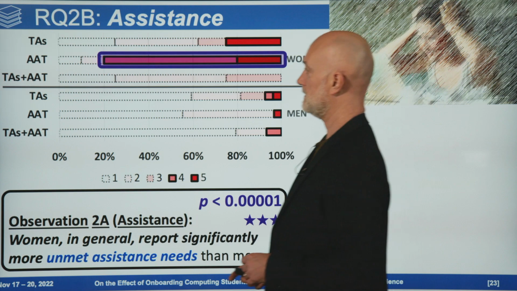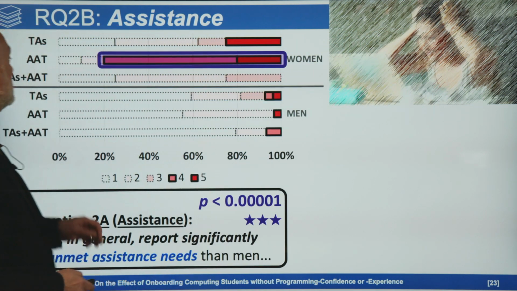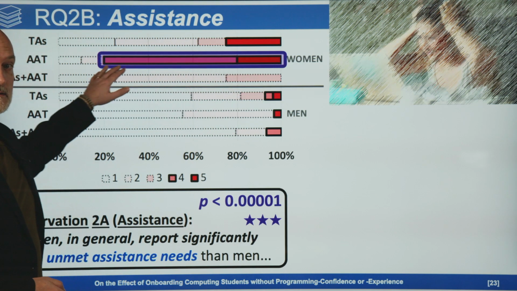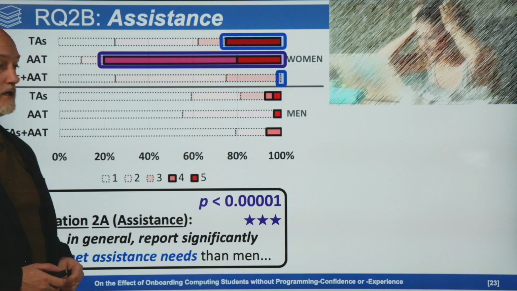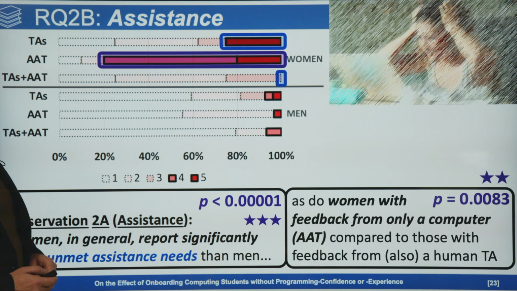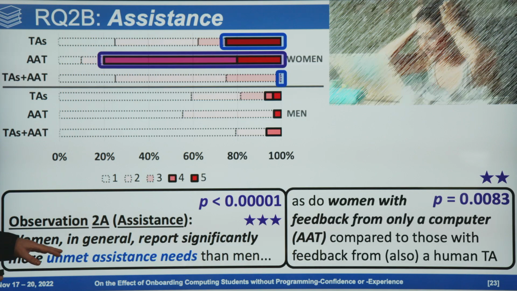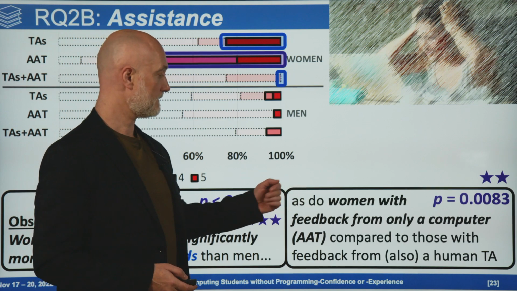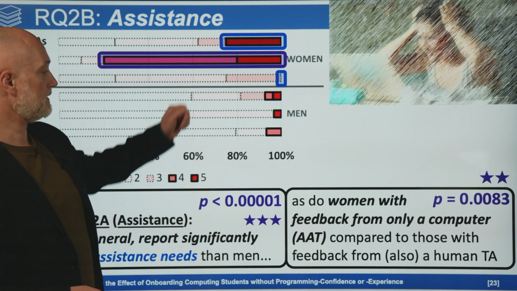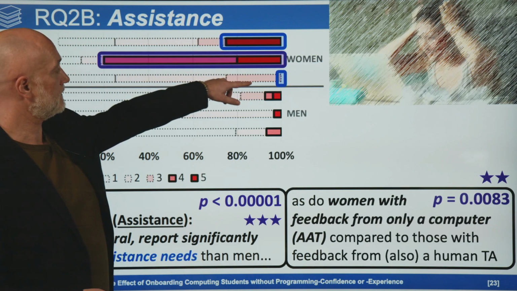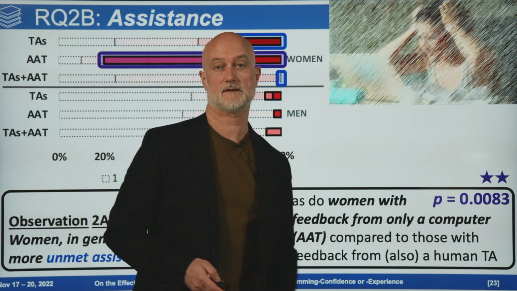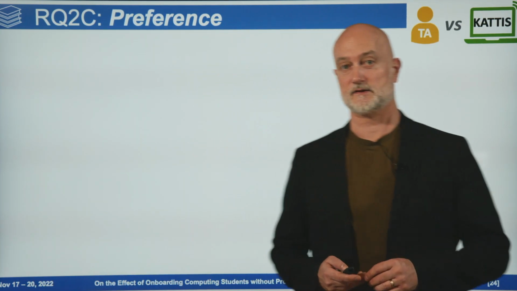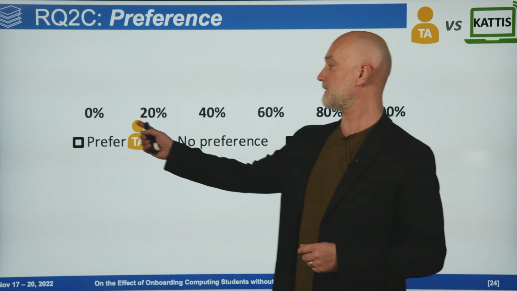And if we zoom in on the elephant in the room, women under the AAT condition, with access to only feedback from a computer, compared to the other conditions, the unmet assistance needs are also strongly statistically significant.